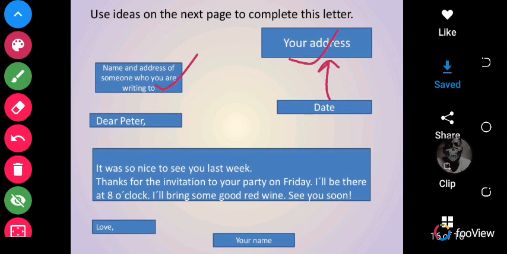I will bring some good red wine. See you soon. Then the ending comes and your name or your signature. So for an informal letter, your signature. So basically, that's an example of a letter, both formal and informal. And I hope this structure would help you to write your letter.